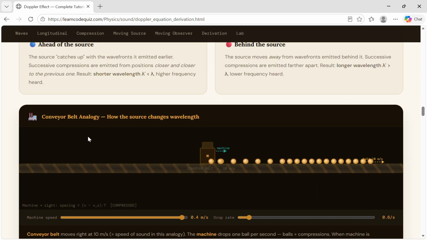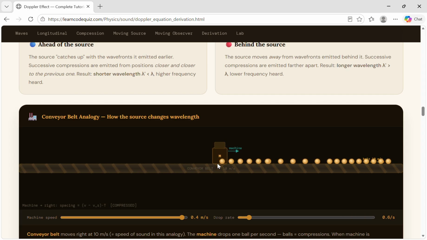So this is one ball, and this is the other ball. You see the distance has decreased, right? Distance decrease means that the wavelength itself, we are playing with the wavelength. Why are you playing with the wavelength? Because the source which is emitting the sound is now moving, and therefore you are playing with the wavelength.